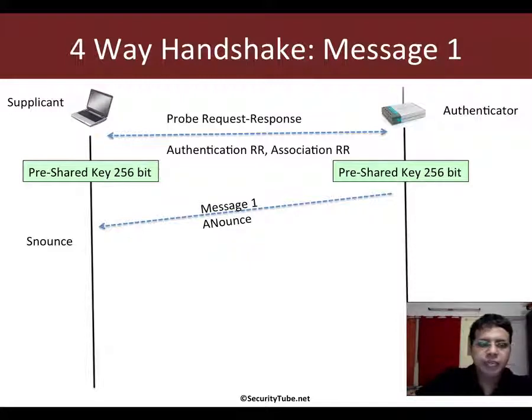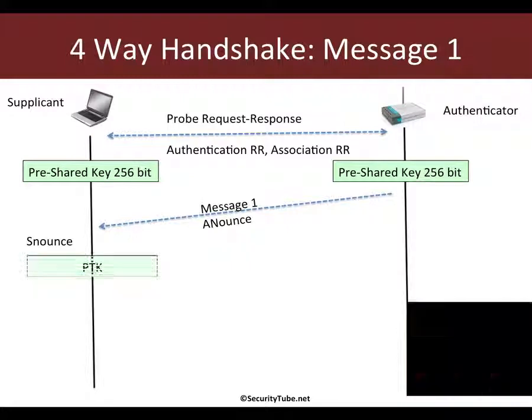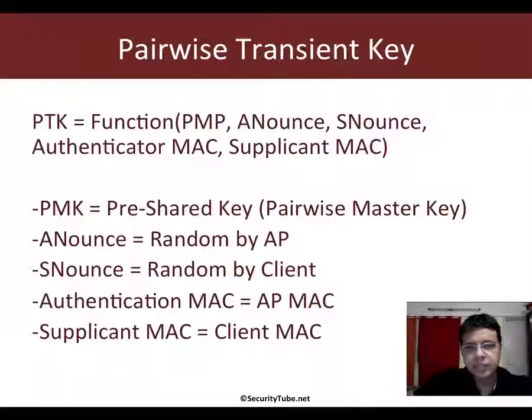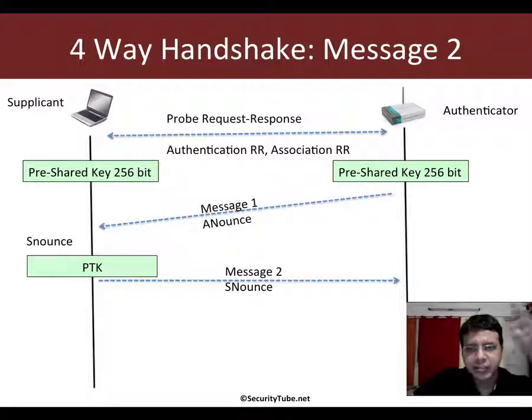Using the ANonce, SNonce, the pre-shared key, and the MAC address of the client and the access point, the client derives something called the PTK, or the pairwise transient key, which is what will be used for encryption in this connection. Then it goes ahead and sends back the message with the SNonce in it, along with the MIC, actually, which I kind of forgot in the previous image.